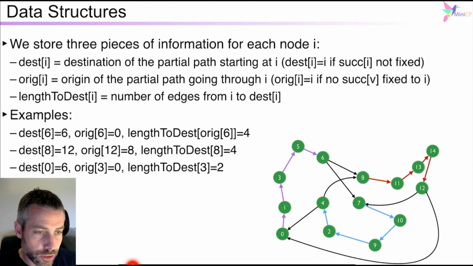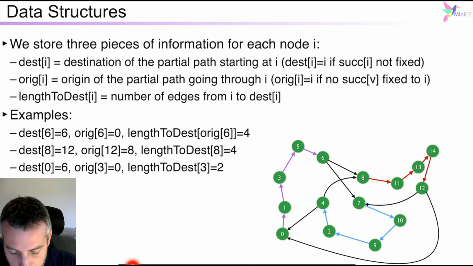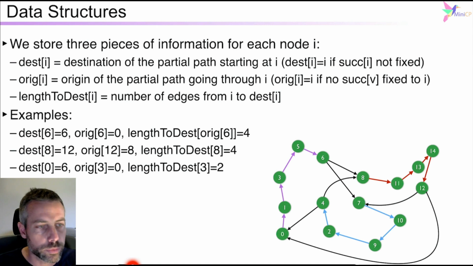In terms of data structure, to store the partial paths and do the partial path filtering efficiently, we will store 3 pieces of information for every node in the graph. We will first remember the destination node of the partial path starting from the node i. Initially the destination of node i is i itself if the successor of i is not fixed; we assume that it's a loop.